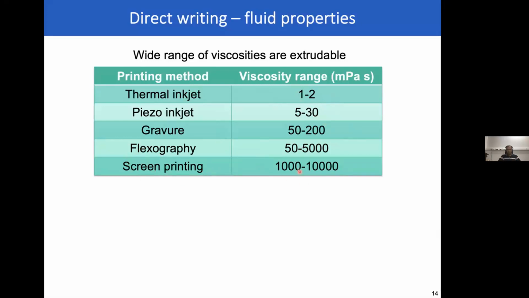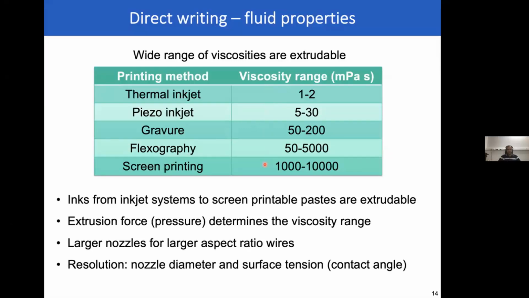Techniques like screen printing take what are called highly viscous inks or even paste. Through direct writing, I can not only print these highly fluid inks, but I can also print paste, which is similar to screen printing paste. So essentially, we can access this entire viscosity range.